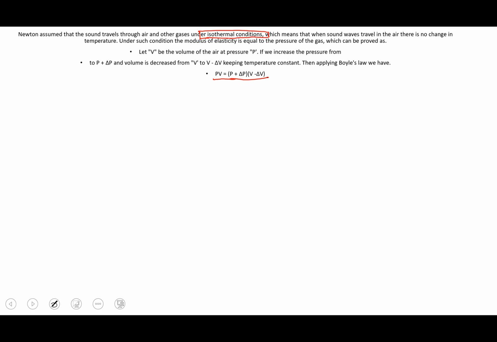Now, if we multiply these values, what do we get?